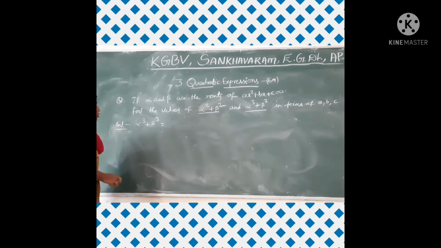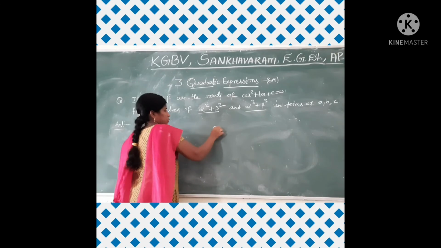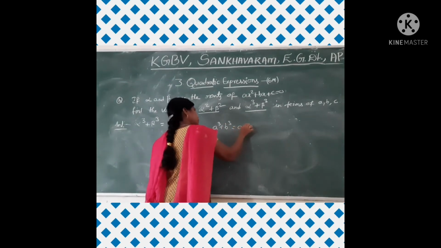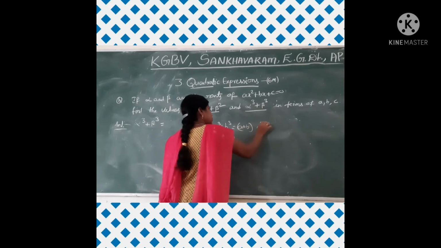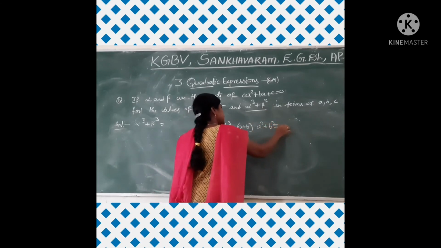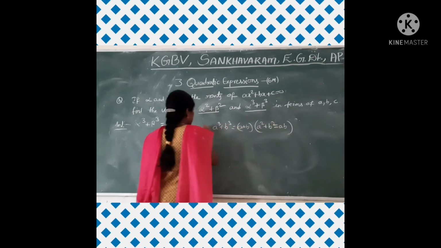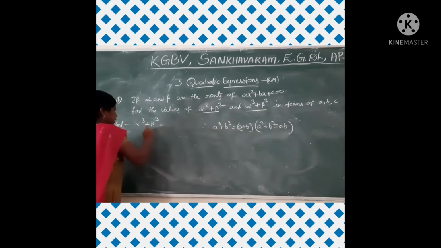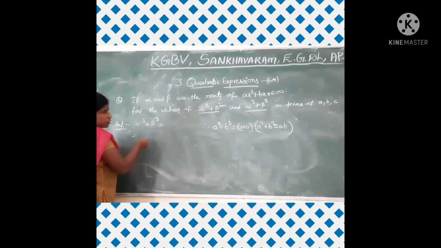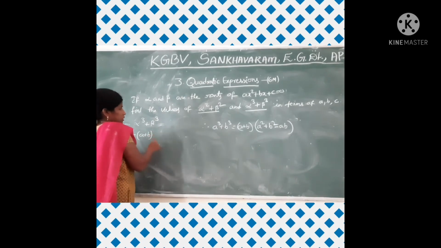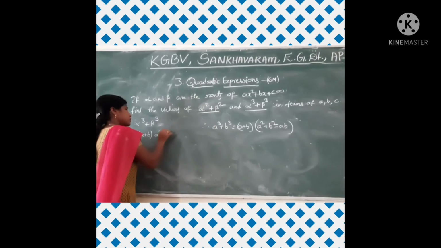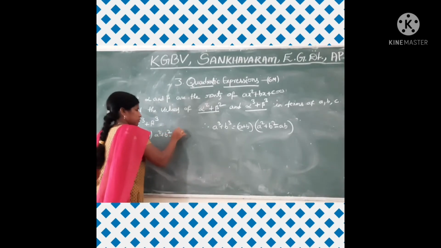Again, this one also we know that a cube plus b cube is equal to a plus b into a square plus b square minus ab. This one is the basic formula. So that's why we write alpha cube plus beta cube is equal to alpha plus beta into alpha square plus beta square minus alpha beta.